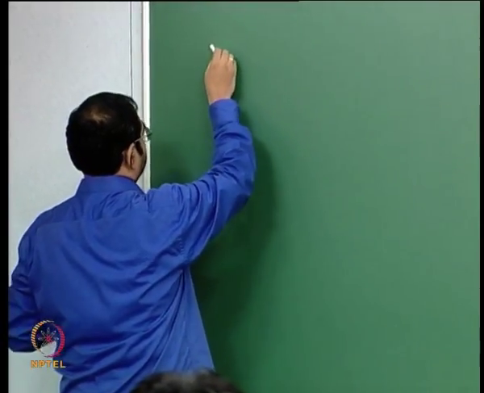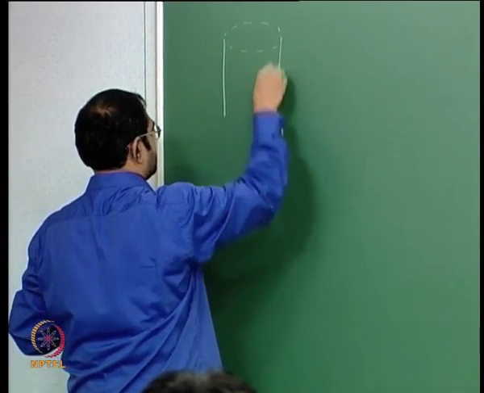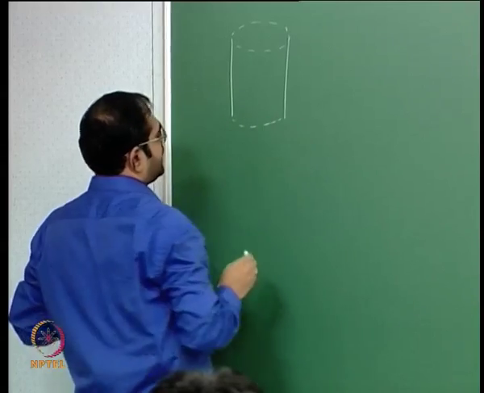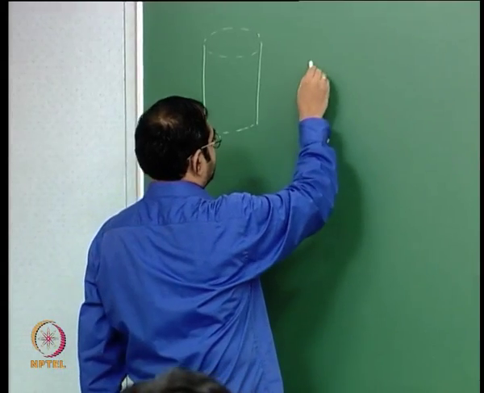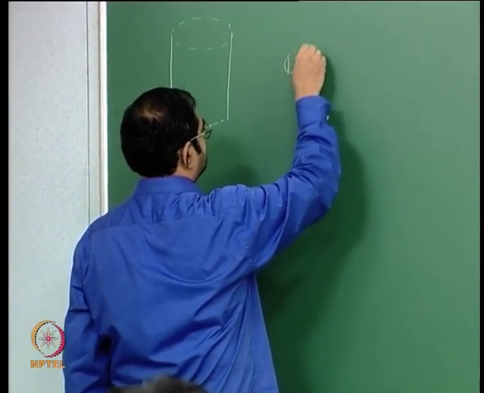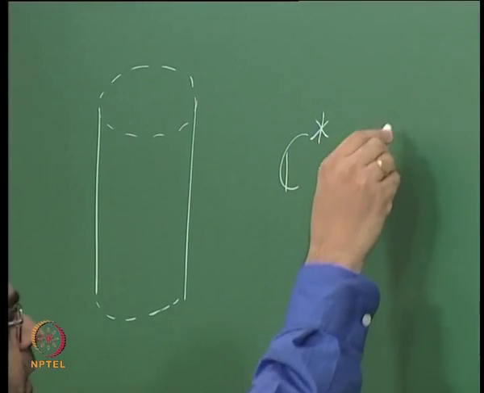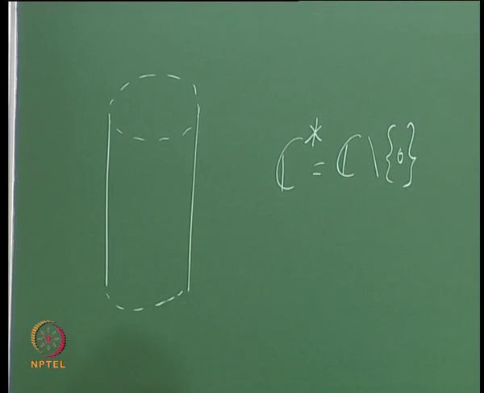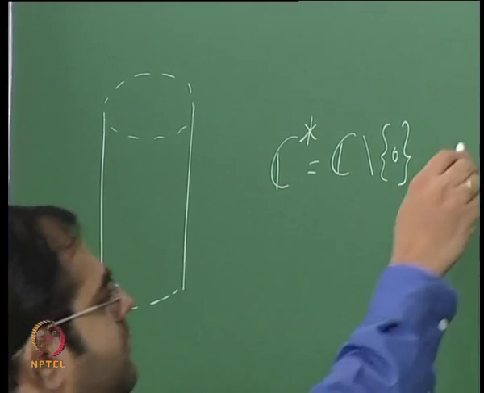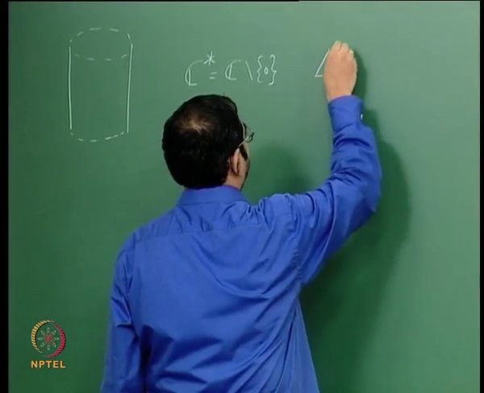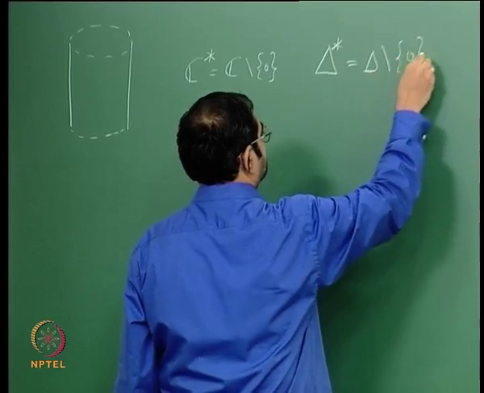I take the cylinder, and on the other hand I also take C star, which is the set of non-zero complex numbers, the complex numbers excepting 0, and then I can also look at delta star, which is the unit disk minus the origin.